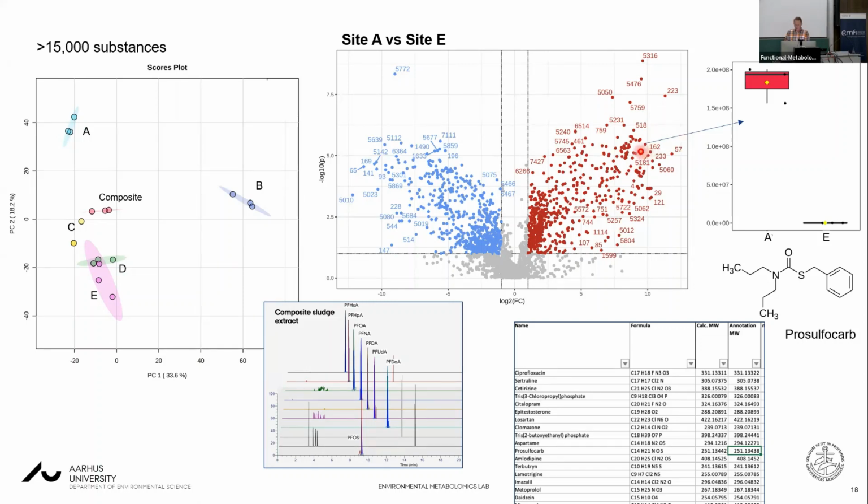So in this case, every dot is a metabolite or a xenobiotic. This dot here is in very high concentration in site A compared to E. And if we go deeper into the data, we could annotate this substance as a pesticide.